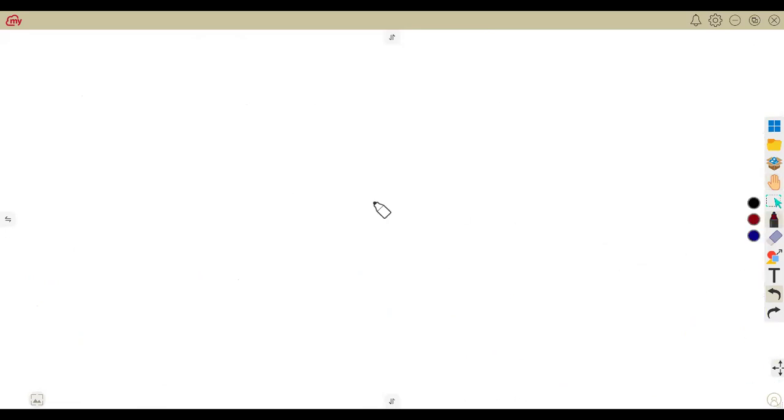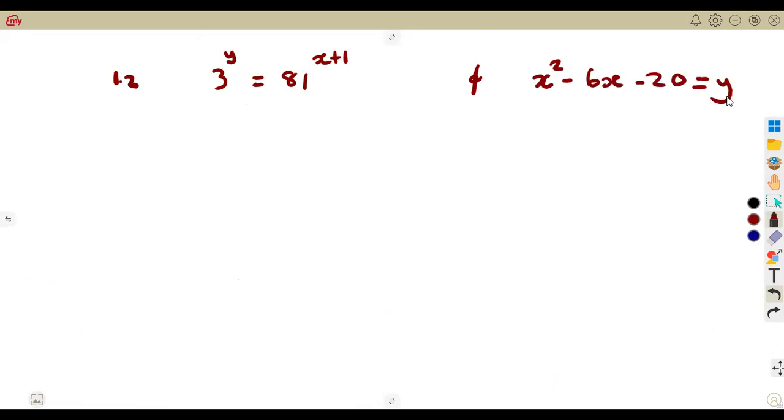So the first one, you were given 3 to the exponent of y, which is equal to 81 to the exponent of x plus 1. And another equation was given as x squared minus 6x minus 20, which is equal to y, like this.